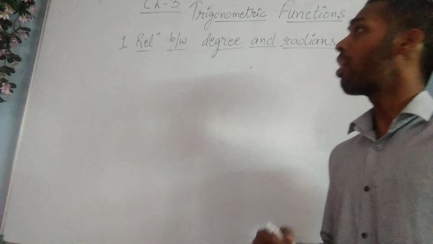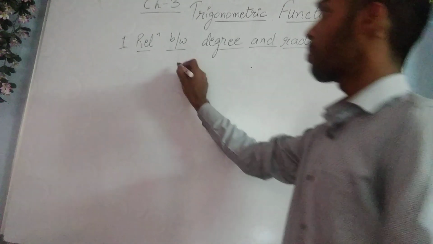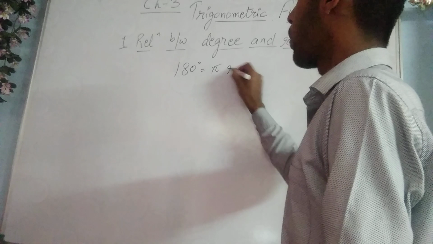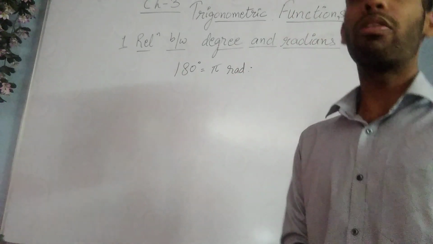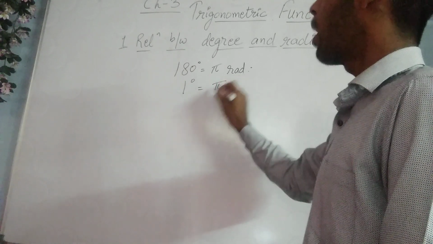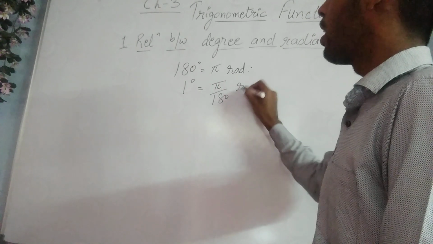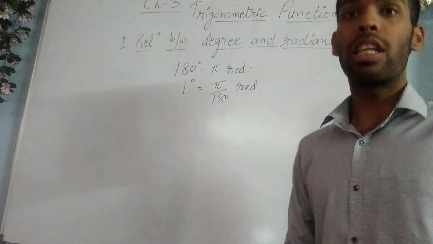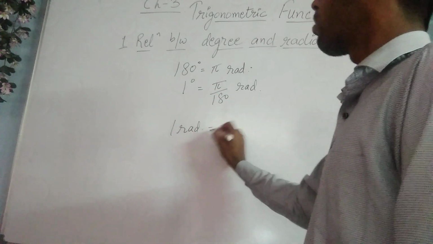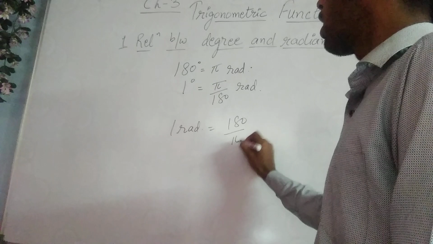We also discussed the relation between degree and radians, that was 180 degree is equal to pi radians. With the help of this, we also evaluated that 1 degree was equal to pi upon 180 radians. Simultaneously, we can also evaluate that 1 radian is equal to 180 upon pi degree.